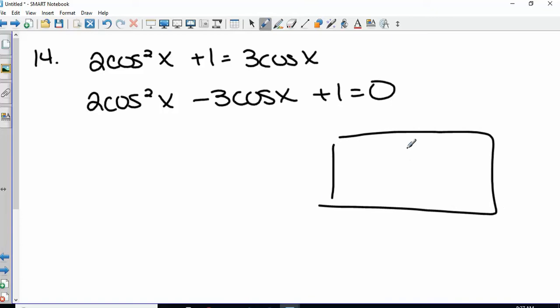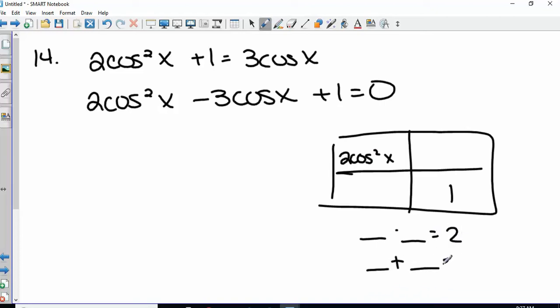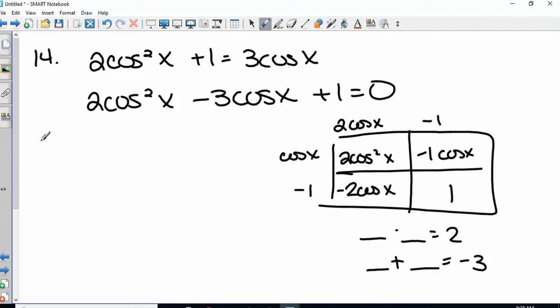We have to do the full box method because my leading coefficient is a 2, not a 1. So I need two things that multiply to 2 and add to negative 3. It would be negative 2 and negative 1. Then if we factor, we get 2 cosine x minus 1 and cosine x minus 1.